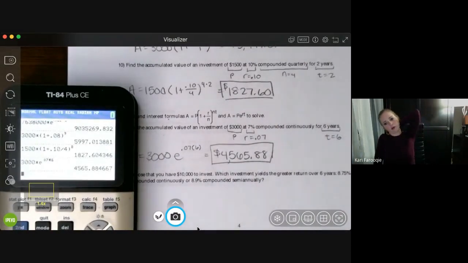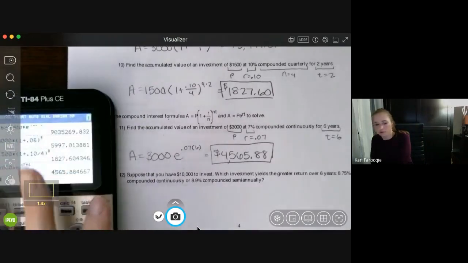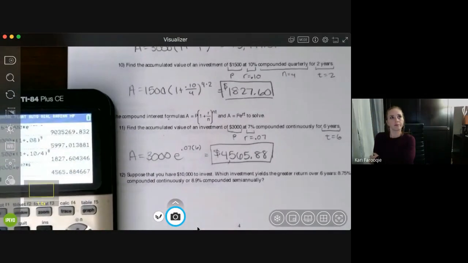Now, if you're wondering what all of this means for some practical application, in the next example we're going to compare which investment yields the greater return. Before we do that, does anybody have a question on number 11? Okay.